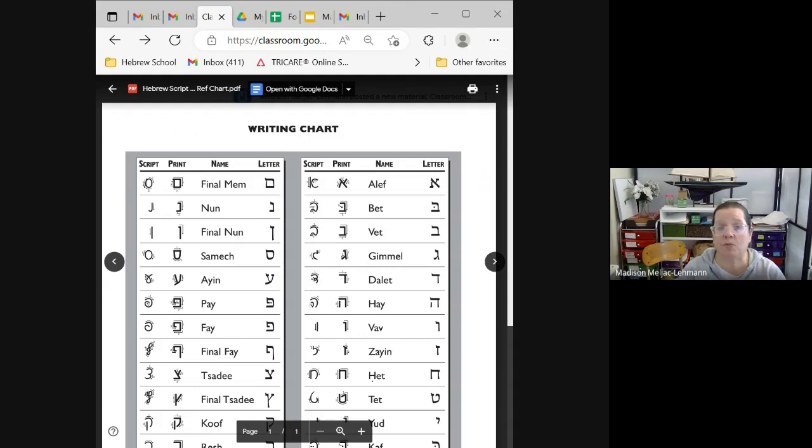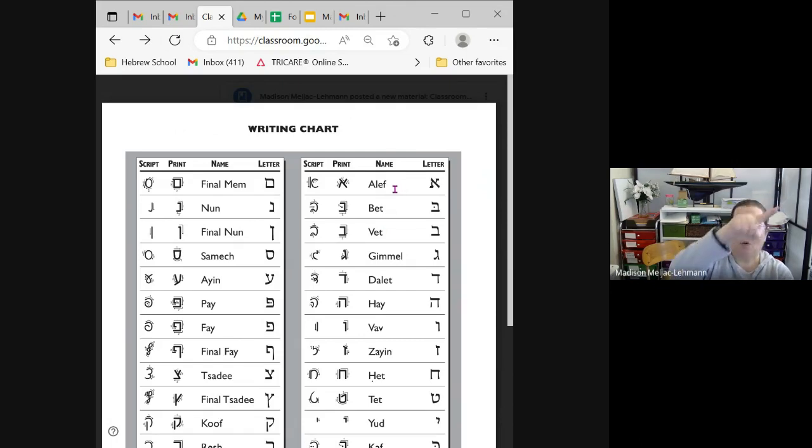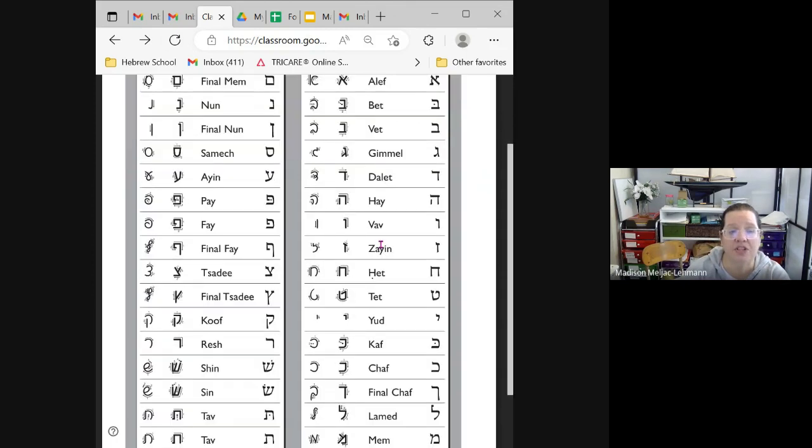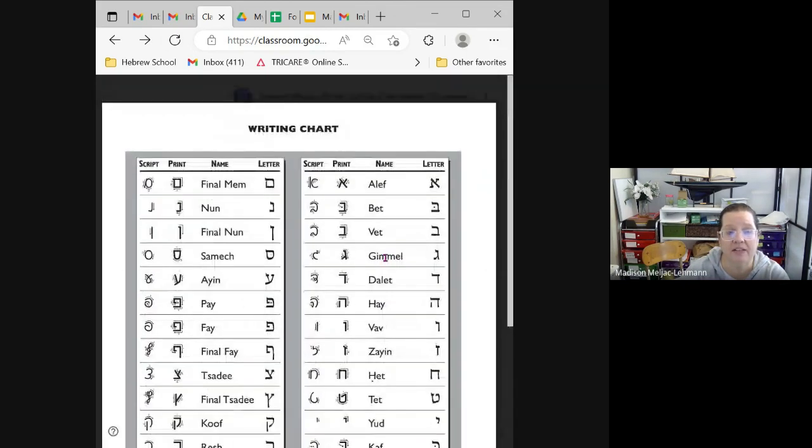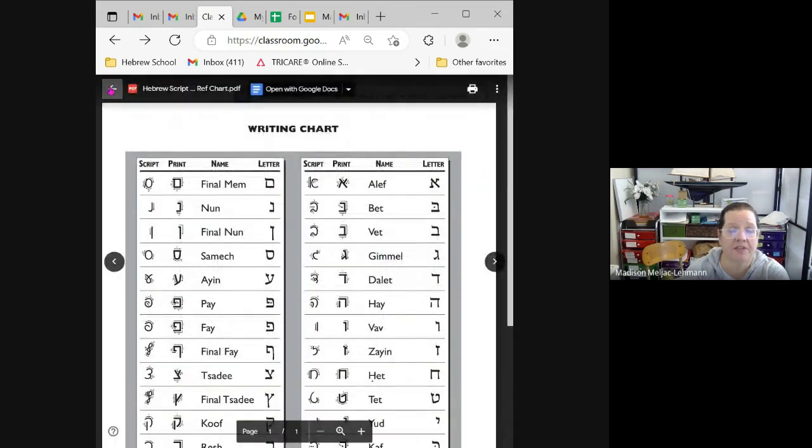This is one of those references. So you can see here we have Aleph right at top, okay? And it actually shows you, for 1 you go down, 2 goes over, and 3 goes over. Or if you want to learn the script too, you make your C type shape first, and then you make your stick going down, and that's Aleph, okay? And so this is your writing chart. And it's a very useful writing chart, I find.